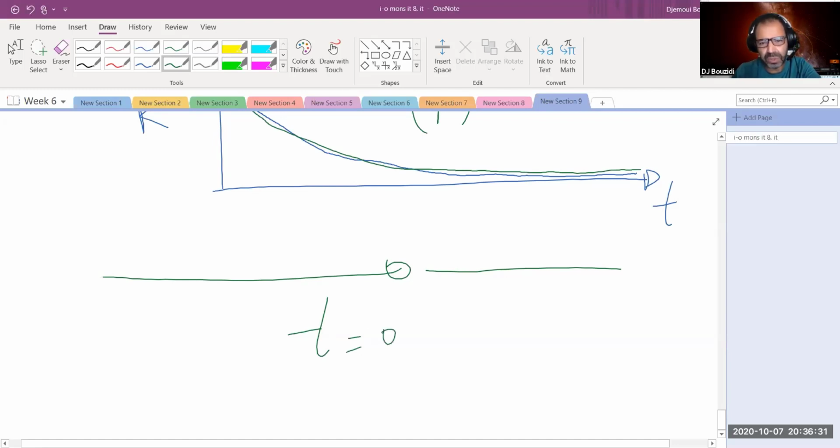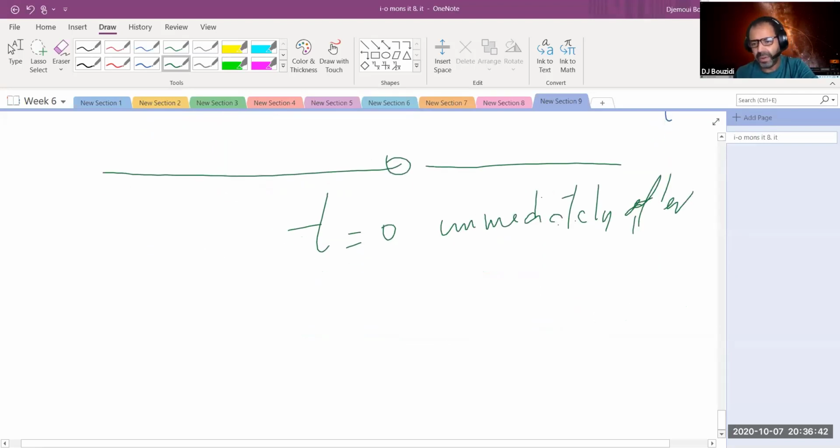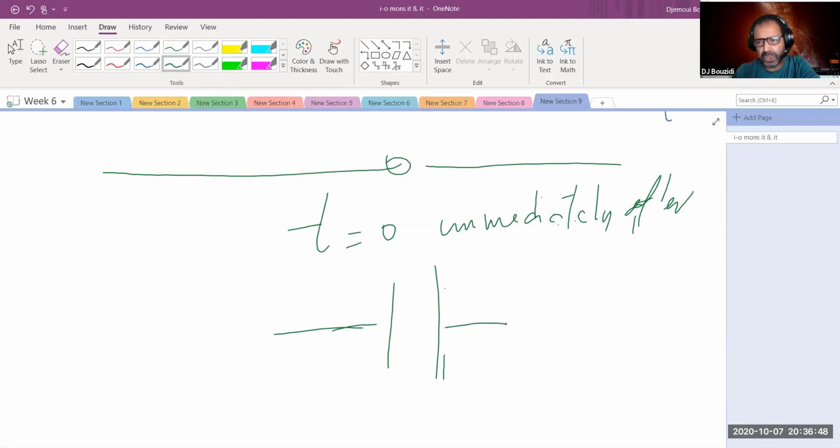Immediately after, not before, not during. The capacitor looks like this. If this is the actual drawing of a capacitor in a circuit, it's like a wire. It's short-circuited in this case because it will allow all the current to flow through it. Immediately after.